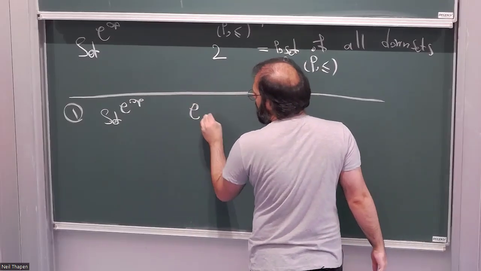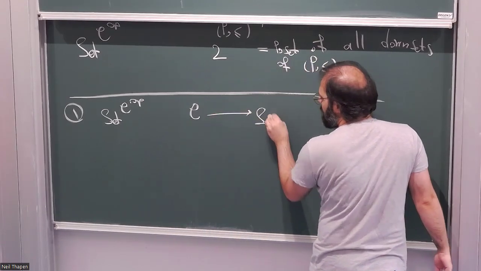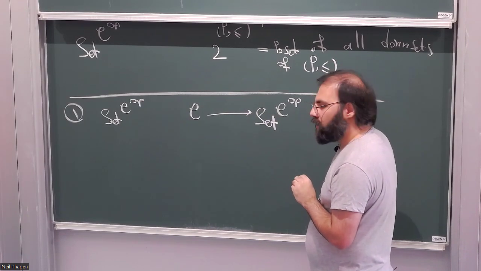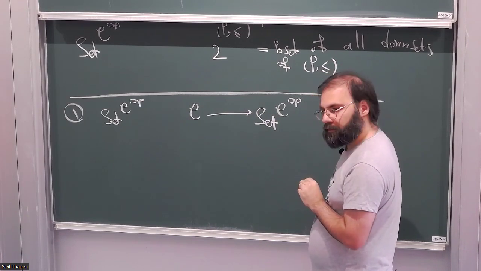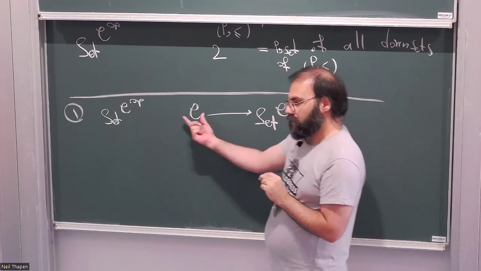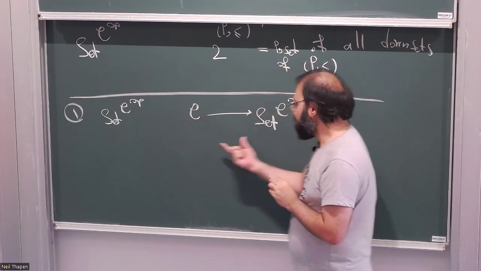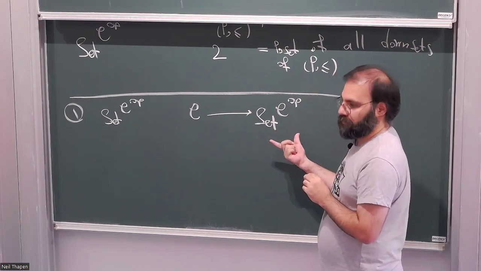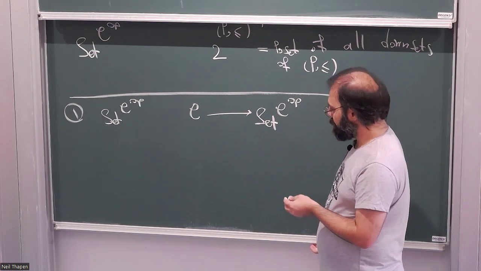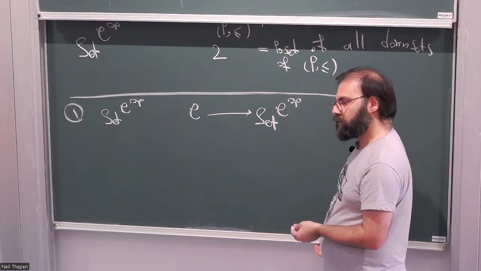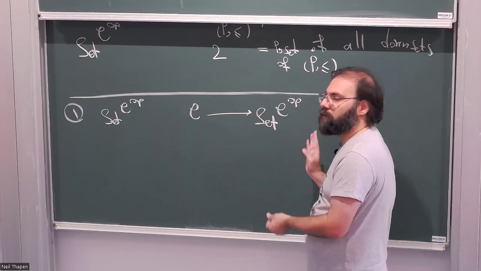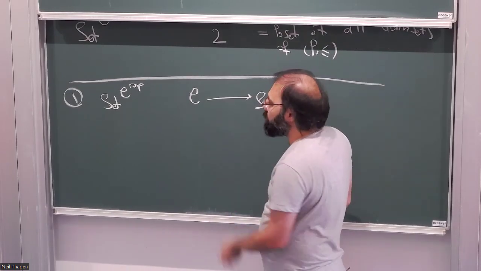Therefore, there should be a functor from C to set to C opposite, right? I read some simple space, and then I transform it, I pretend that it is actually a generalized space. This is just a transformation, just a function from a world to another world, right? So how to do that?